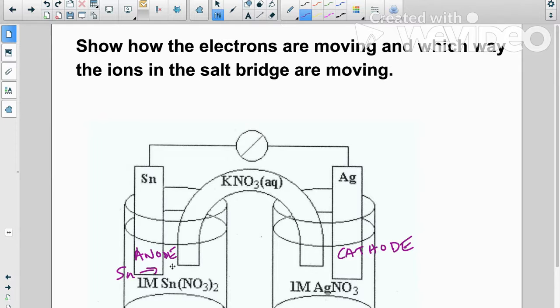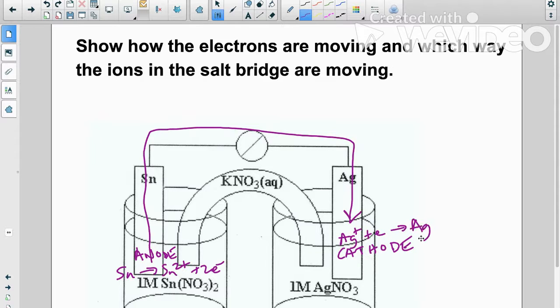We are producing the electrons here at the anode, and then they travel up, go through the wire, and then they reduce the silver ions over at the cathode. So always anode to the cathode. I'm sure you can make up some kind of rhyme or song about that. So the electrons are moving this way.